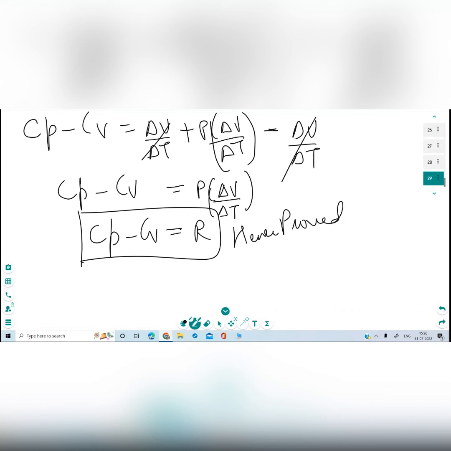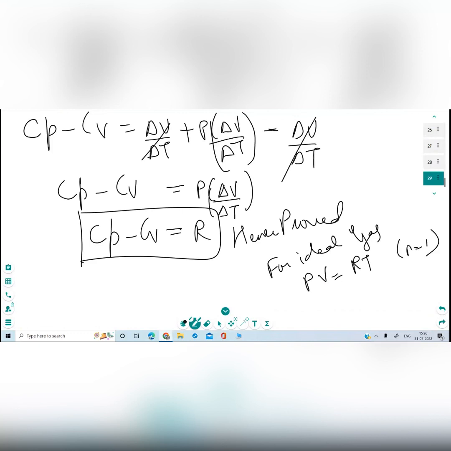But you will say, where did the R come from? So we will write, for an ideal gas, PV is equal to nRT, and we are taking n as 1.